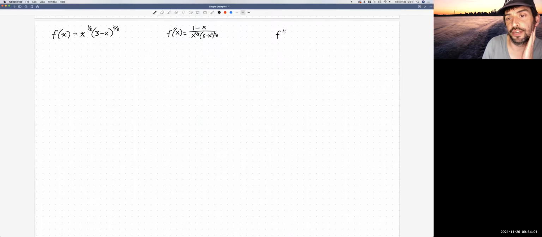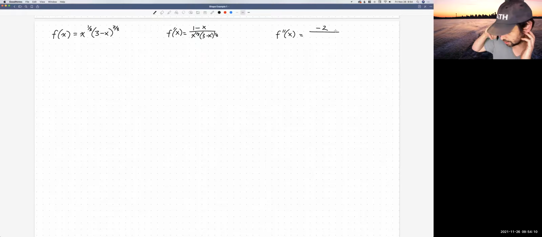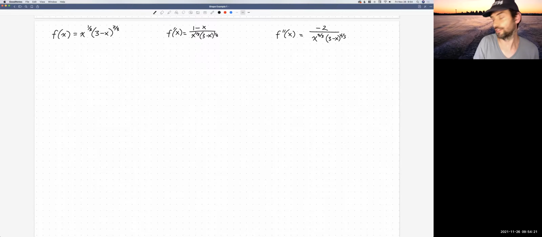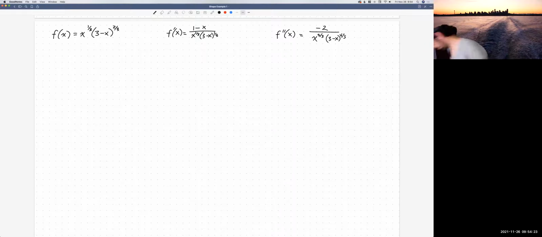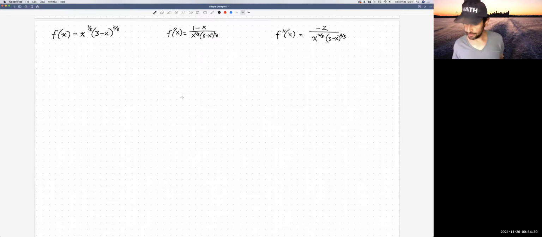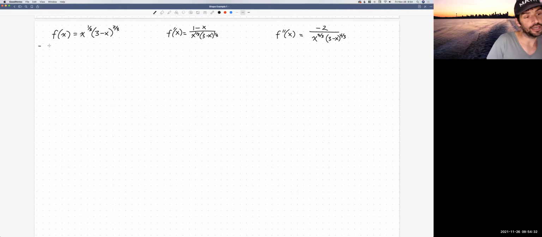And then f double prime of x is equal to negative 2 over, what did we have? X to the 5/3 and 3 minus x to the 4/3. Okay, there we go. Yeah, that's what I have.